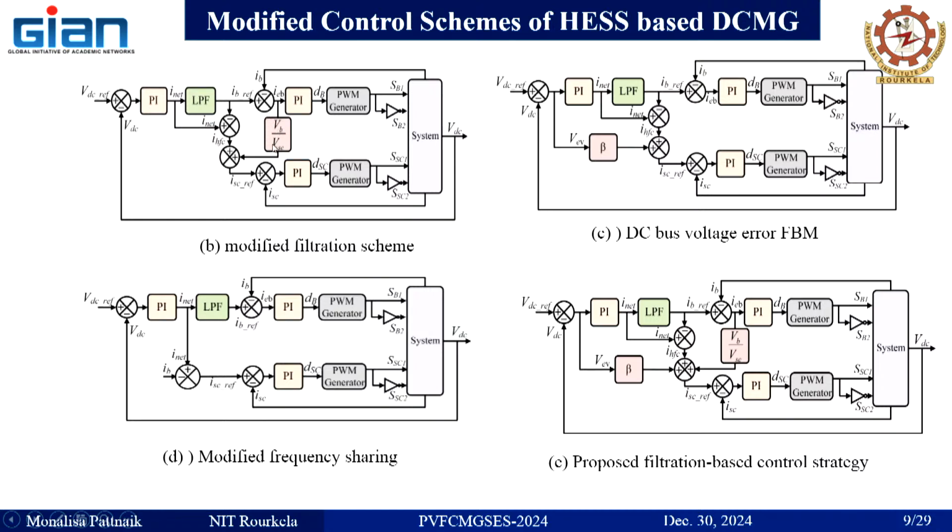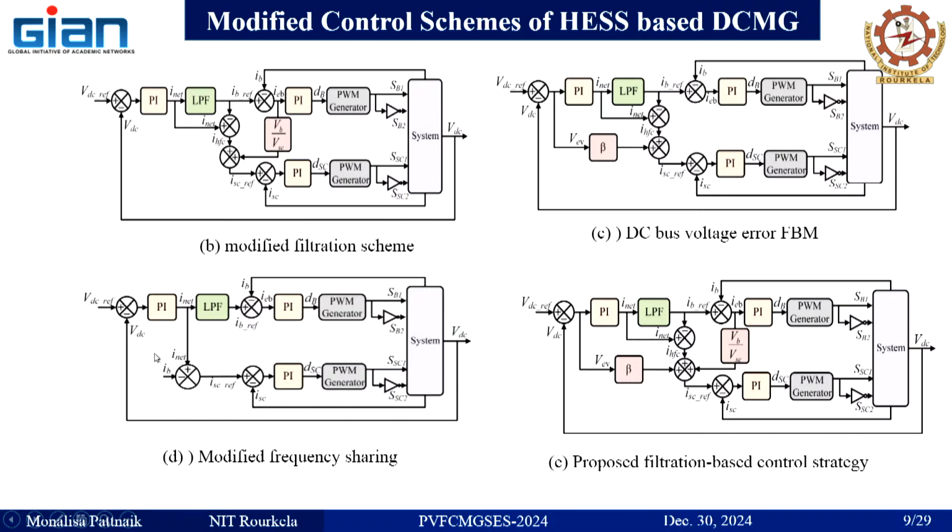Here the battery reference error is added to improve the overall functionality, to reduce the DC bus voltage overshoot and the tracking time; all these things are improved. This is the DC bus voltage error based filtration method. And in another, instead of I net minus IB ref, the measured battery current is directly subtracted and the supercapacitor reference is generated.